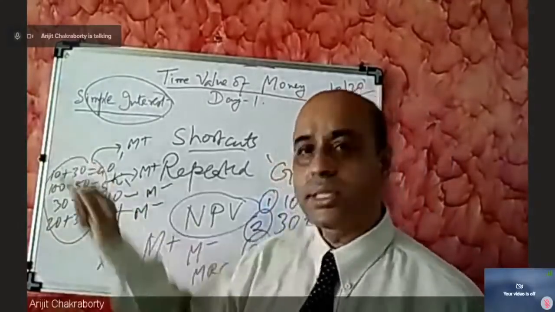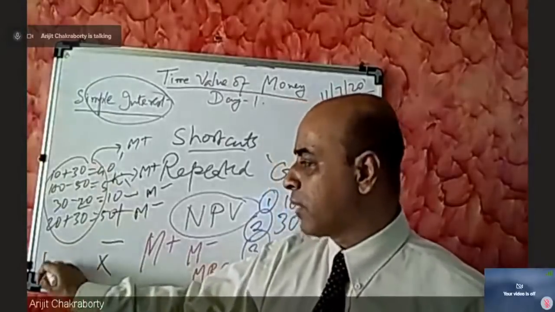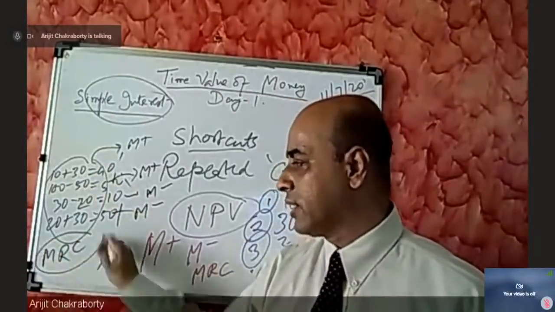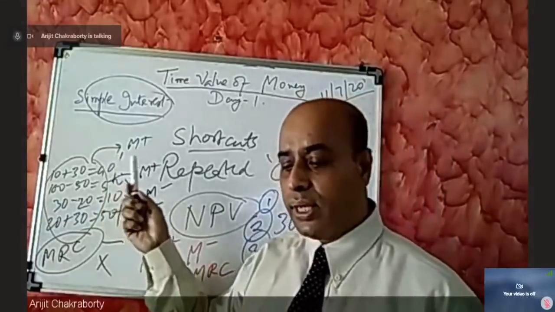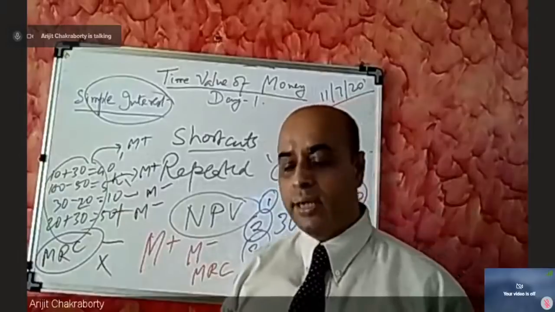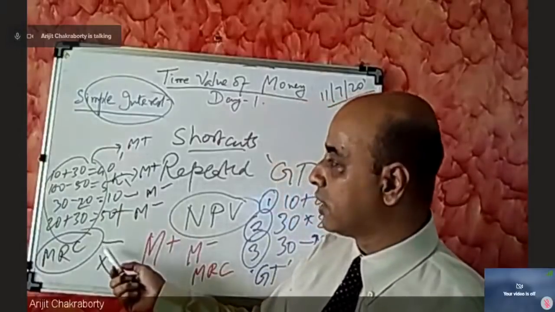After these calculations, if you press MRC, the memory recall, you automatically get 40 plus 50 minus 10 minus 50, that is 30.